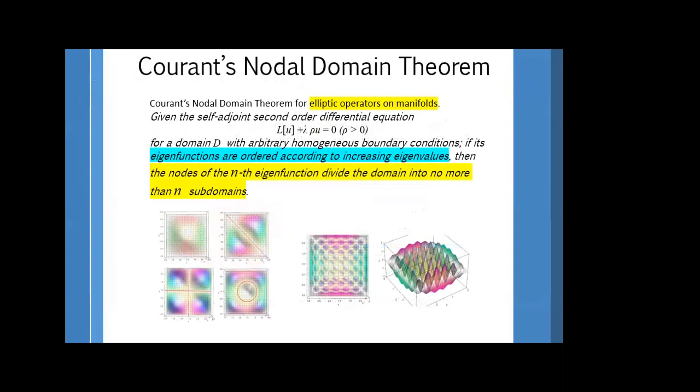But what about other eigenvectors? So this is the formulation of the nodal domain theorem. We should have a self-adjoint elliptic operator. These are very wise words, but for a physicist it means that we define a diffusion process.